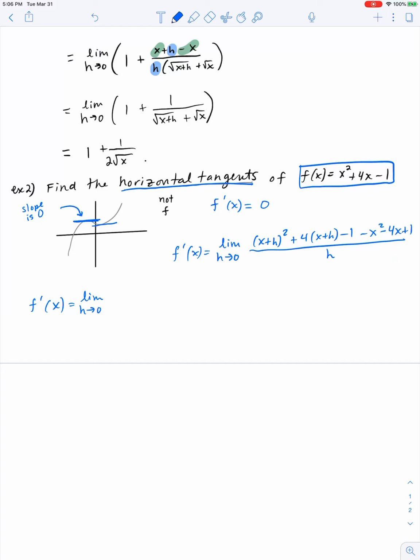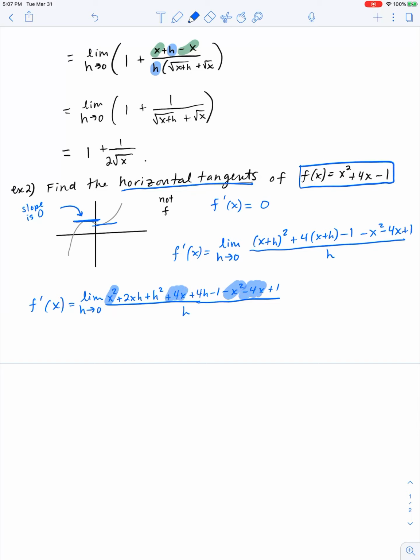Now we need to do some algebra and clean this up. We're going to have x squared plus 2xh plus h squared plus 4x plus 4h minus 1 minus x squared minus 4x plus 1, all over h. Now let's see what we've got to cancel: x squared minus x squared, minus 4x and plus 4x, and the plus 1 and the minus 1. You can work back here because everything that doesn't have h in it should go away.